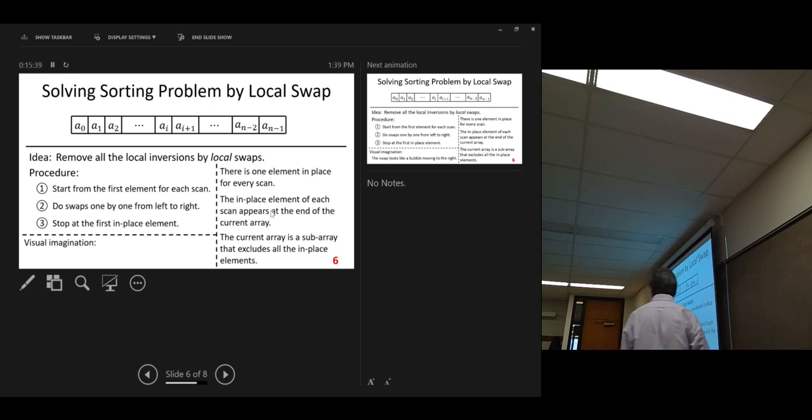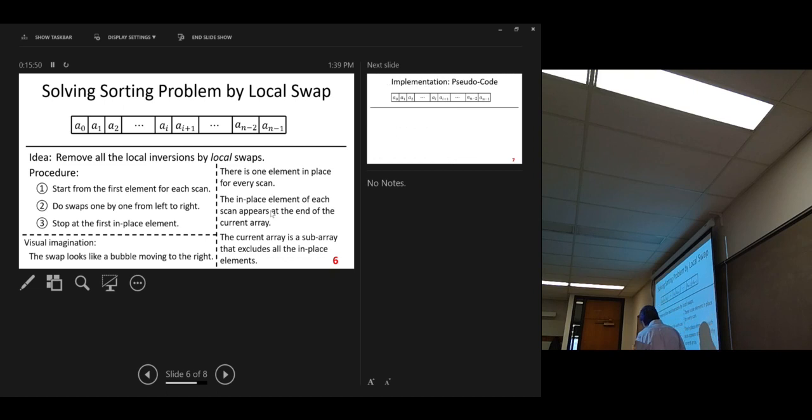Visual imagination: why do we call this bubble sort? Visually, the swap looks like a bubble moving to the right. So that's why, using some visual imagination, just like a bubble, moving to the right.